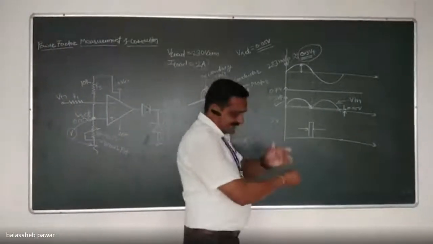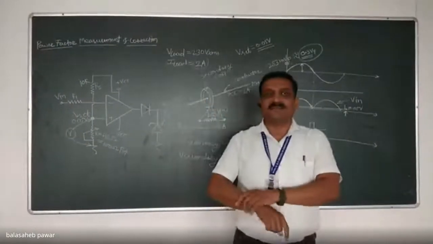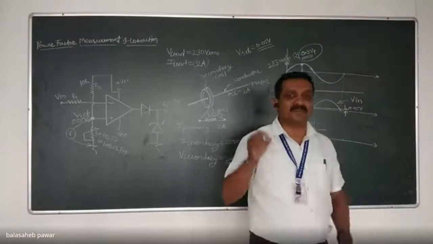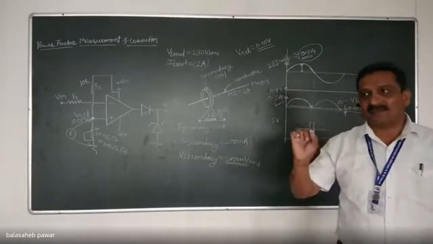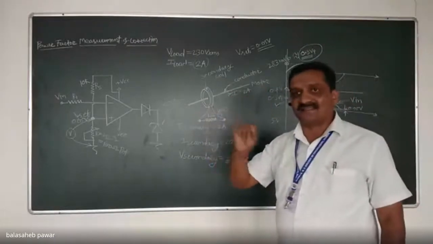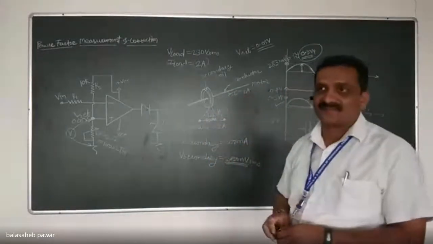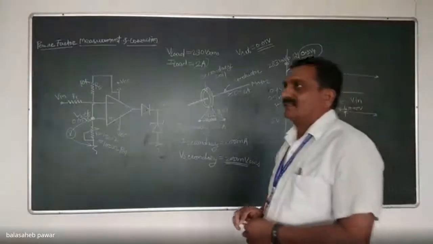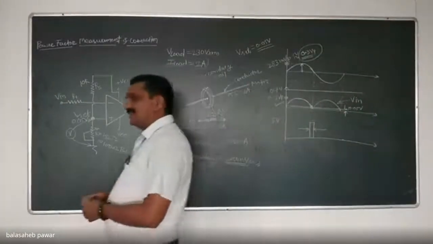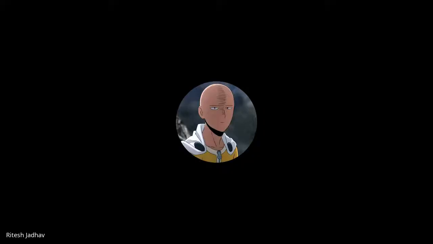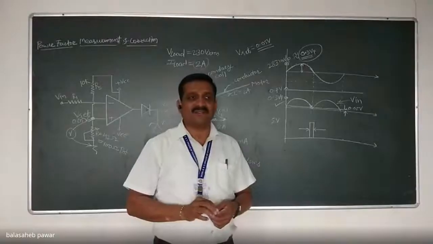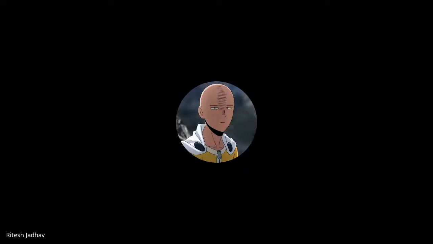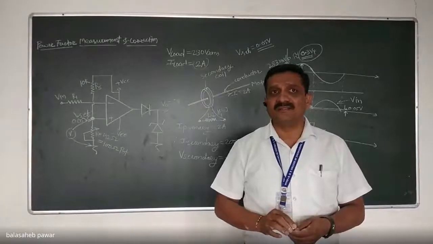And that's why yesterday I put one more question: how much should be the minimum pulse width applied to our microcontroller so that it can sense it as a logic high? Did you get that answer? Two machine cycles.